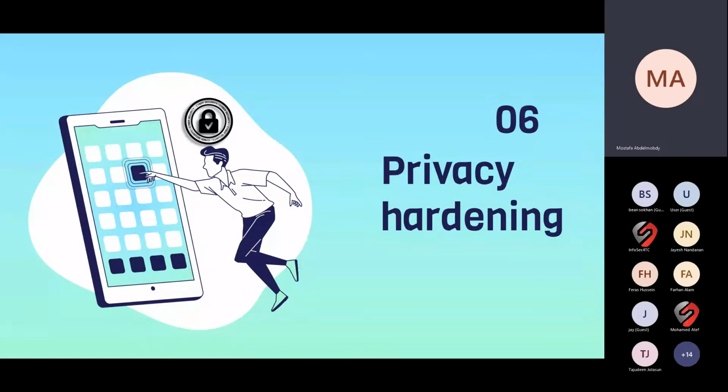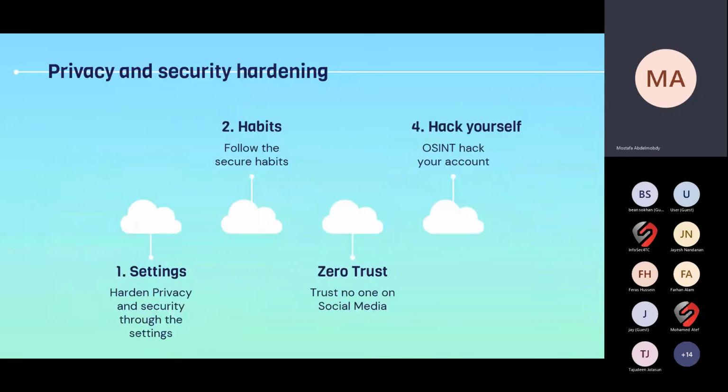As you see here, these are the steps or ways you can secure yourself. First, in the settings, how to set your account settings in an elite way to make it harder for the hacker to reveal information about you.